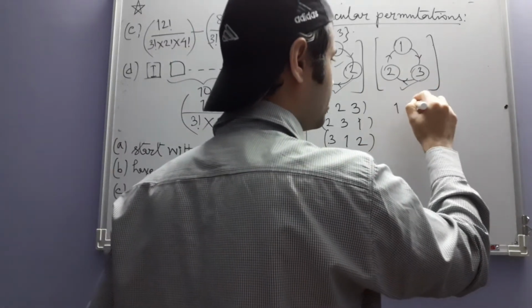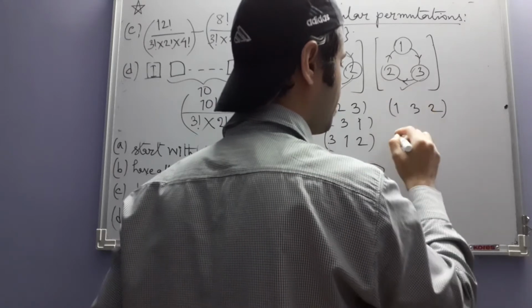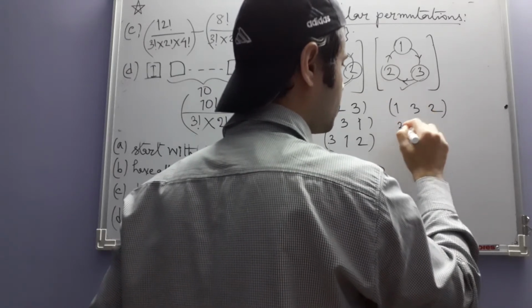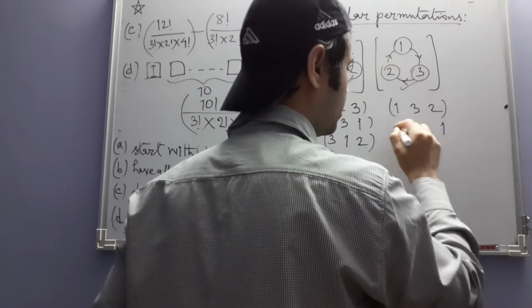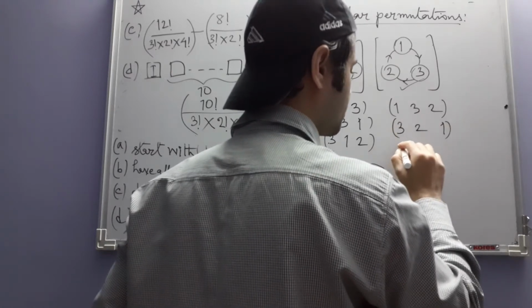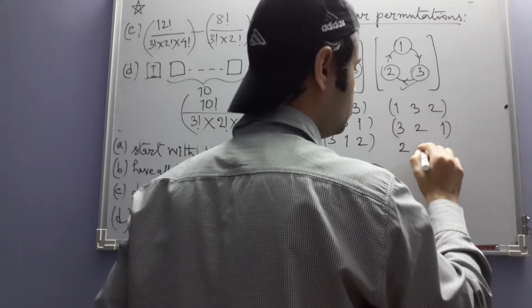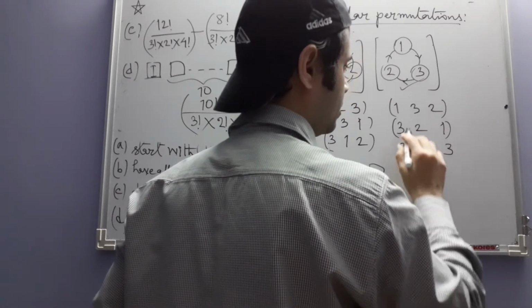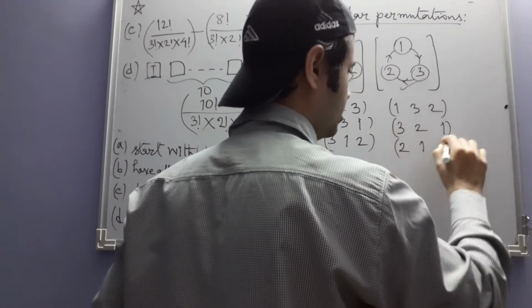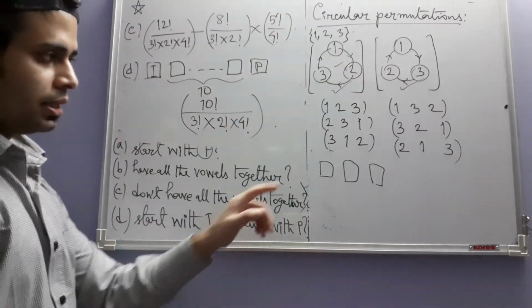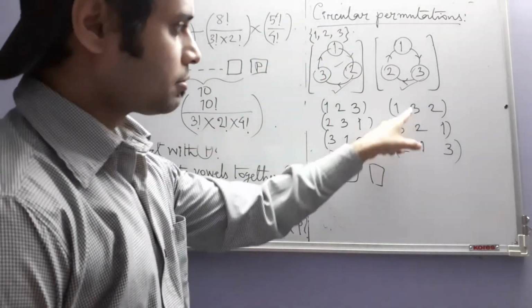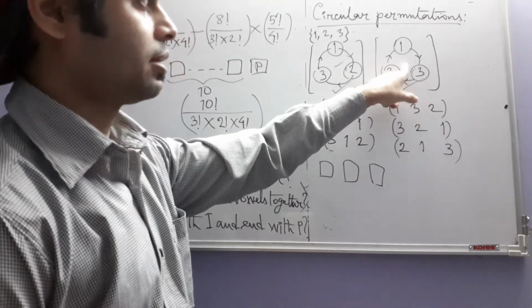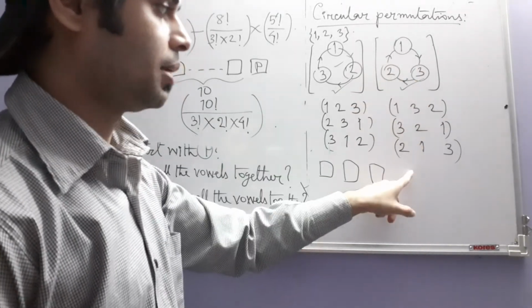So 1, 3, 2, 3, 2, 1, or 2, 1, 3. Have I written it correctly? Yeah, after 2 I have 1 and 3. So these 3 linear permutations give rise to this cyclic permutation.